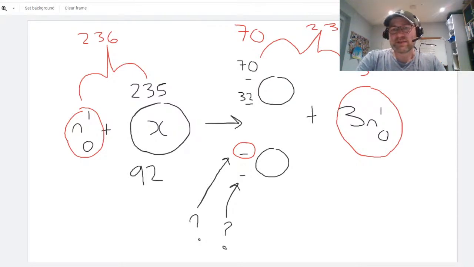So really, I got 73 there. I need to do 236 minus 73, and that's going to give me the mass number. So 236 minus 73 is, I need my calculator because my mental maths at this time of night is not going to be good. So 163.